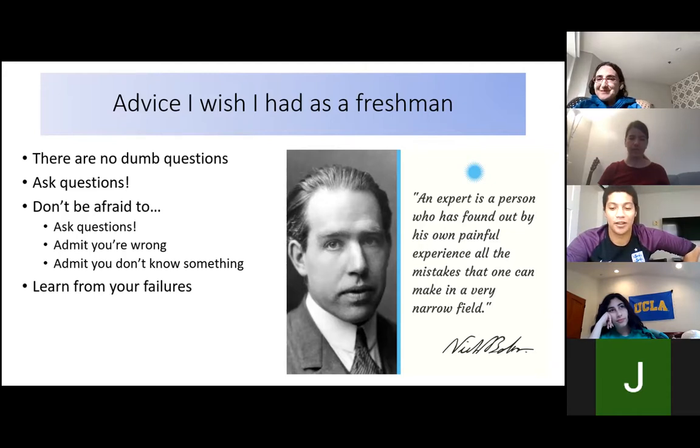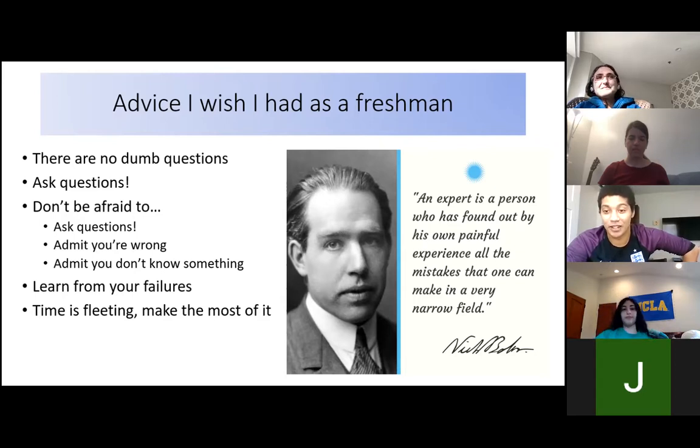This next point is just in general, but time is fleeting. Make the most of it. Even in undergrad, even though I was in STEM, I was able to do things like study abroad, and that's where I took a lot of really great physics courses. You can have opportunities come before you, and take them.